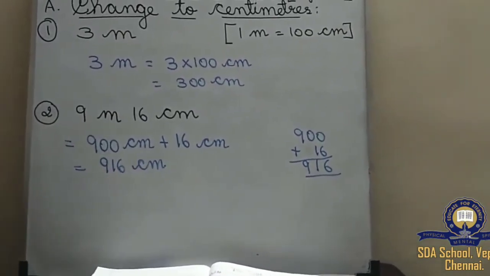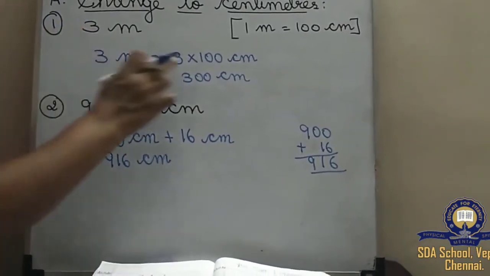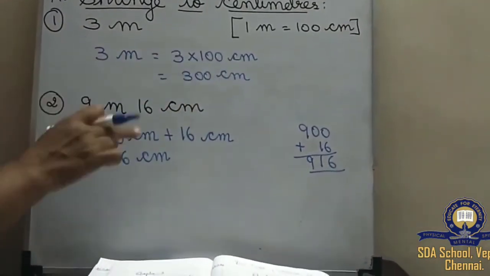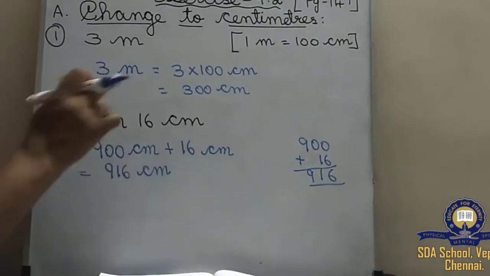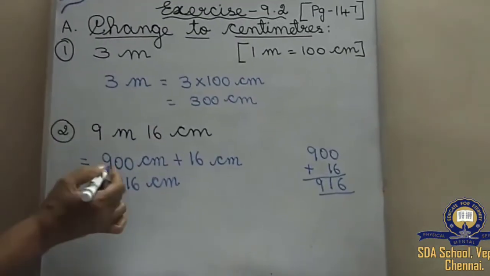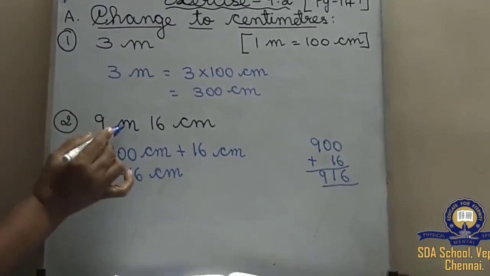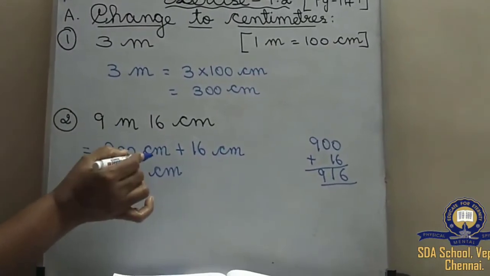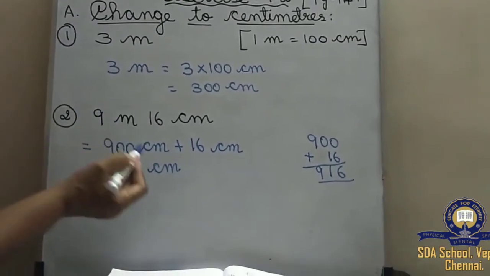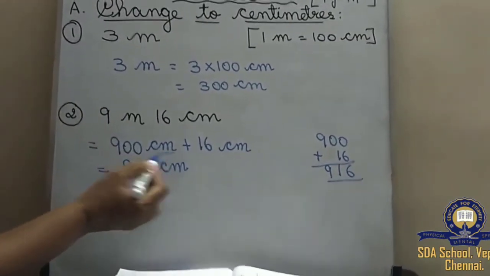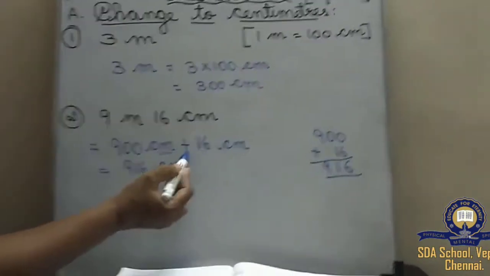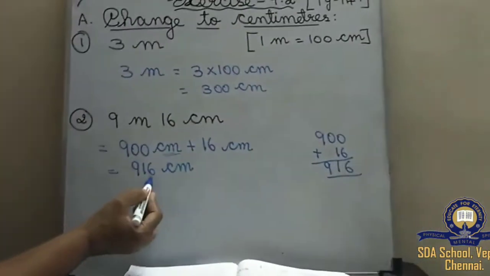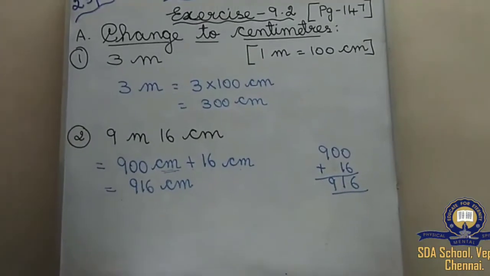Understood, children? 9 meter means 9 into 100, which is 900. Don't write meter. You have to write centimeter. When you convert, it automatically comes to centimeter. So 900 centimeter plus 16 centimeter is equal to 916 centimeter.